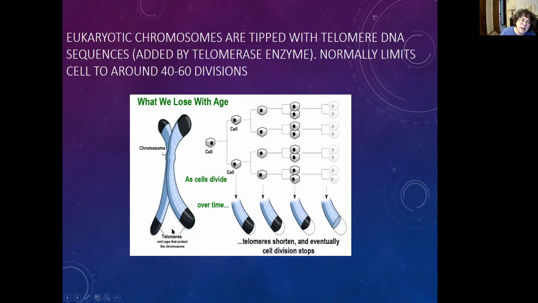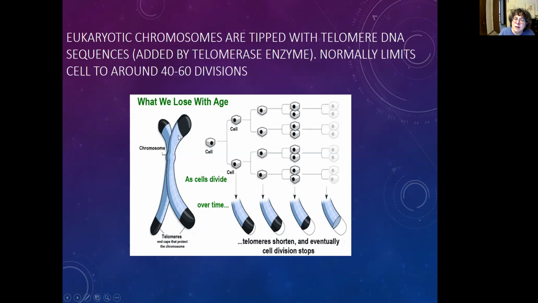So telomerase enzyme puts on these telomeres, and they're sort of sacrificial DNA. So when a chromosome gets divided during S phase of the cell cycle, the DNA polymerase copies most of it, but it doesn't get all the way to the end, so it doesn't get the whole telomere copied.